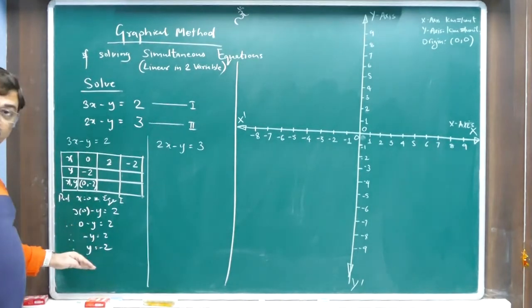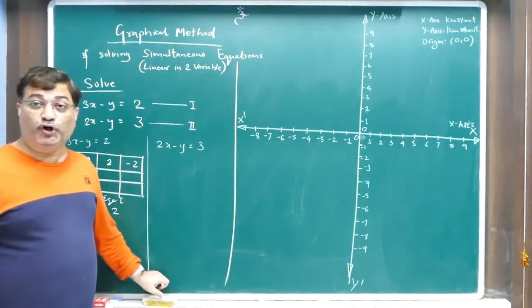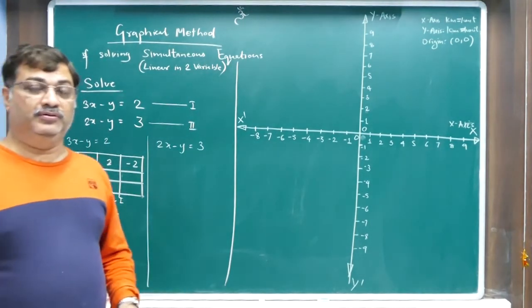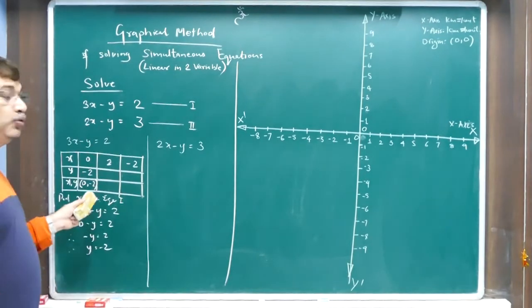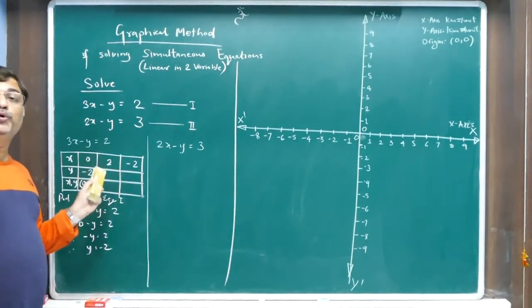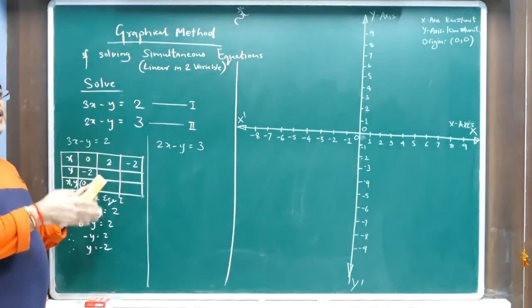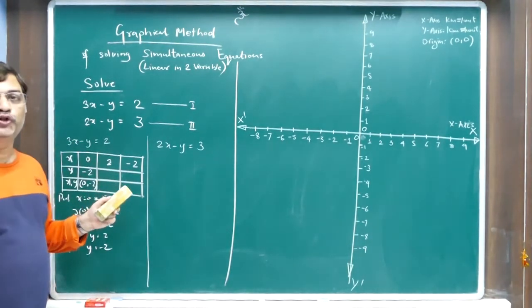So by solving this, you will get the coordinate table. Is that clear? But you cannot draw the coordinate table first. It will not be correct. So what you should do is, you should first say what value of x you are going to consider. For example, I will say here, consider the value of x as 0, 2 and minus 2.